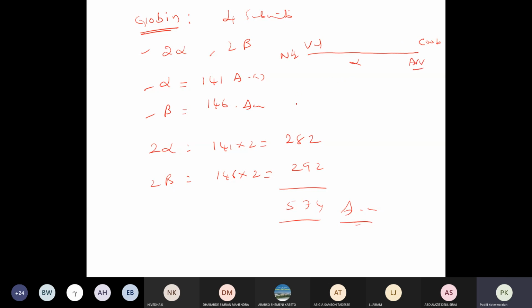In the beta subunit, the amino terminal amino acid is again valine, whereas the carboxy terminal amino acid is histidine.